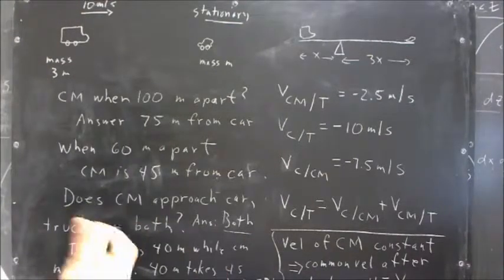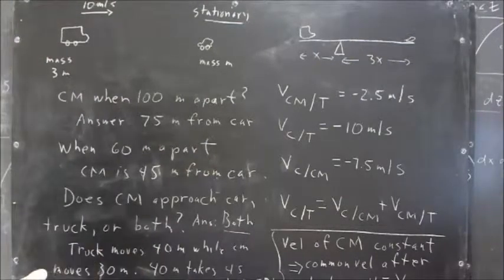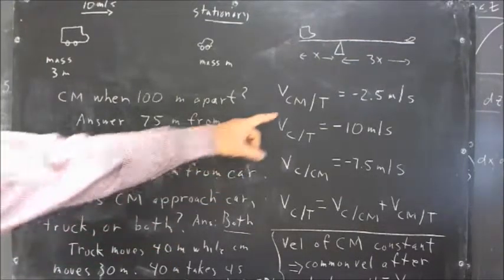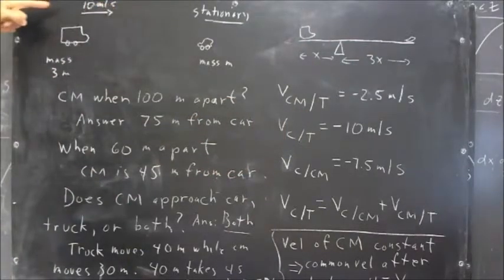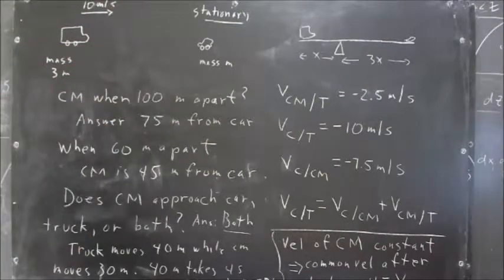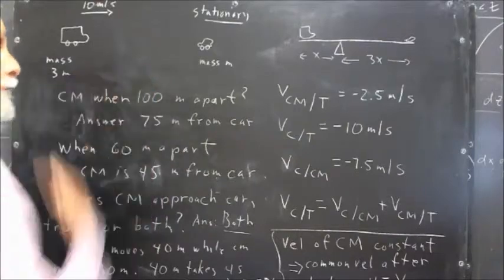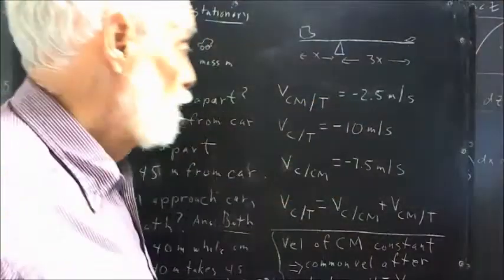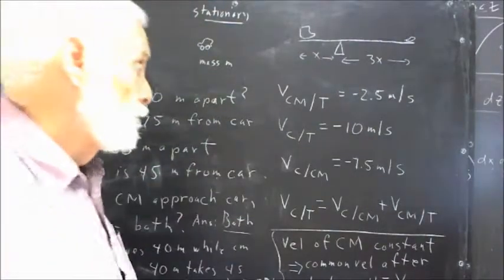So the velocity of the center of mass relative to the truck is negative 2.5 meters per second, provided that the positive direction is that of the 10 meter per second velocity of the truck. So the velocity of the center of mass, as seen from the truck, is in this direction, negative 2.5 meters per second. The velocity of the car relative to the truck is what?